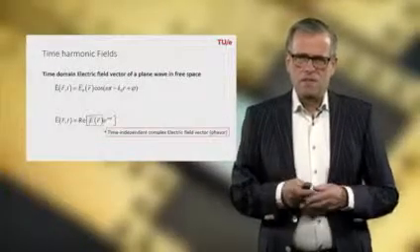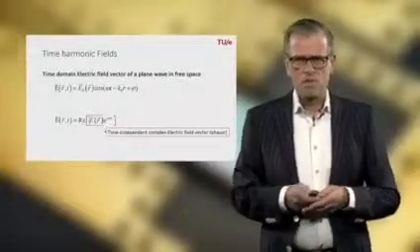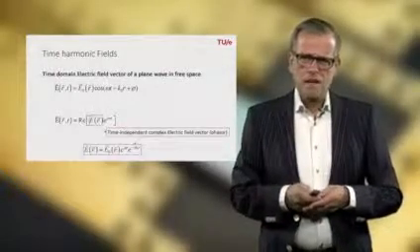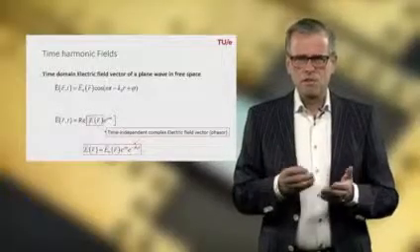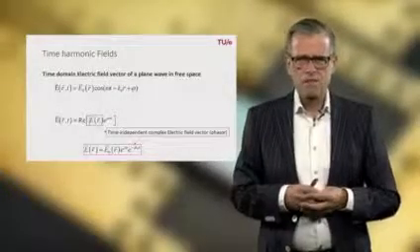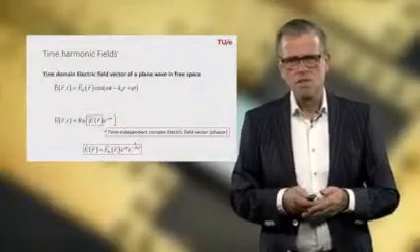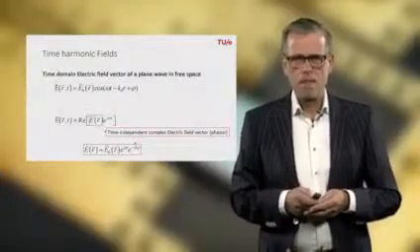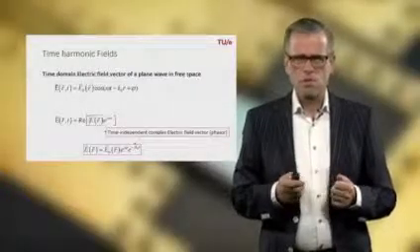And this vector E is time independent and is also called a phasor, and can be written in this form. So it's the amplitude vector E naught times e to the power j phi times e to the power minus j k naught dot r. And this representation we will use throughout this course as well.